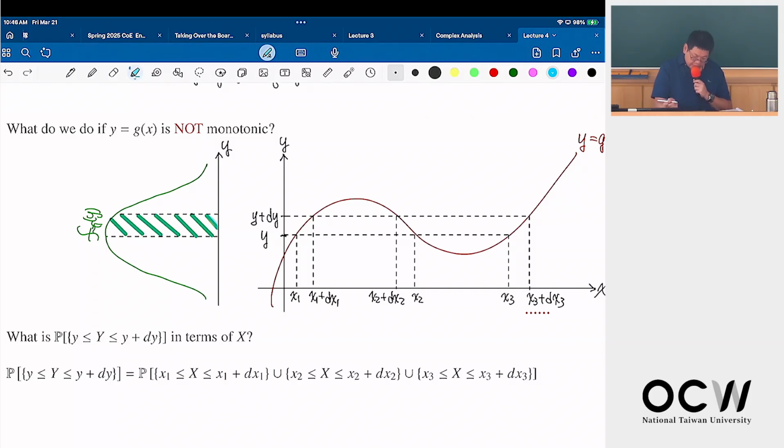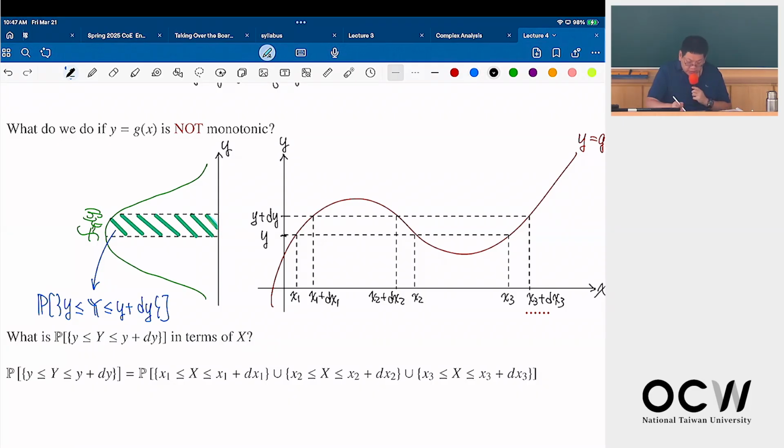For this area, that is the probability of your random variable y between two points, y and y plus dy.